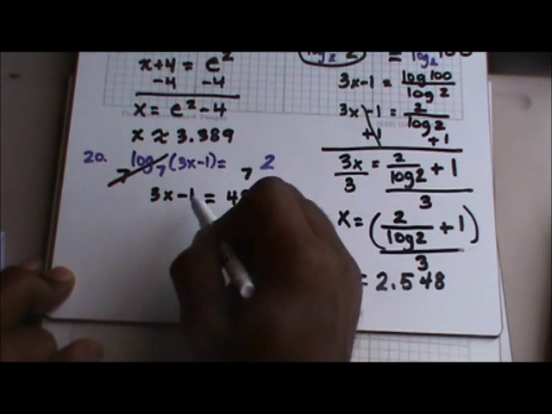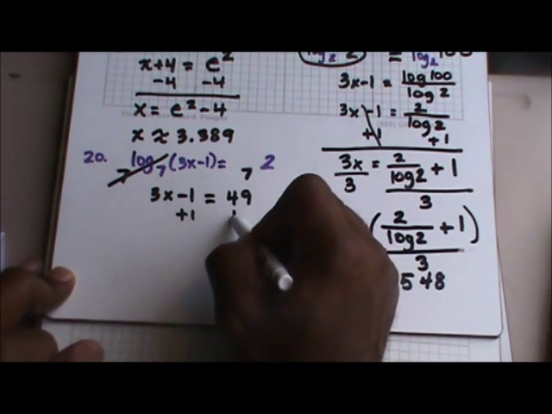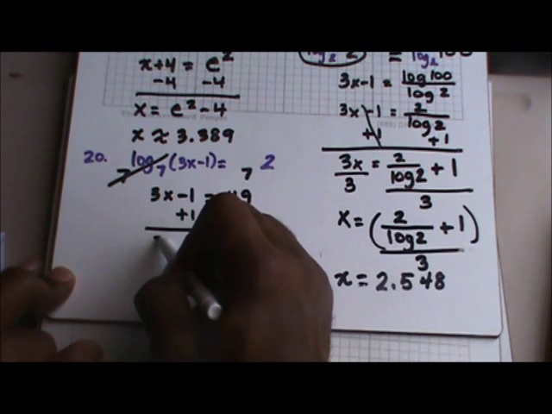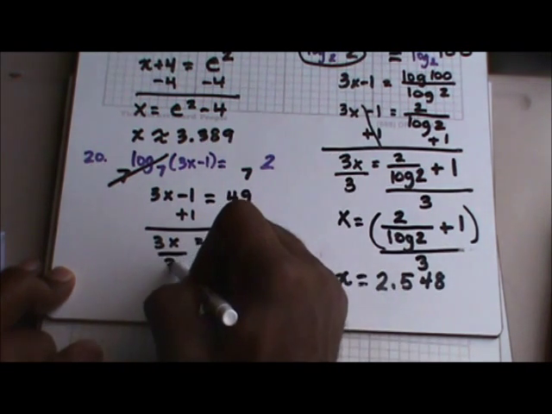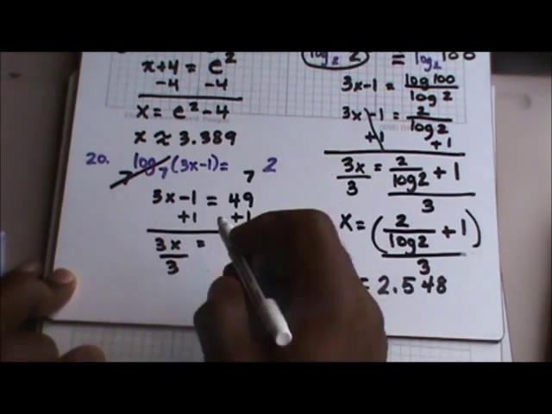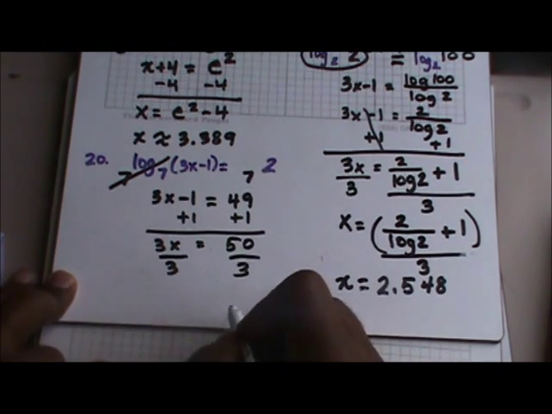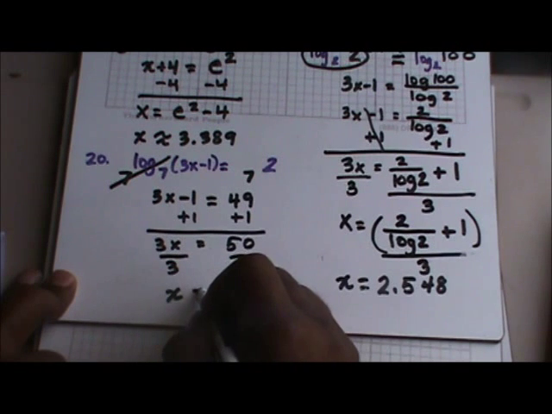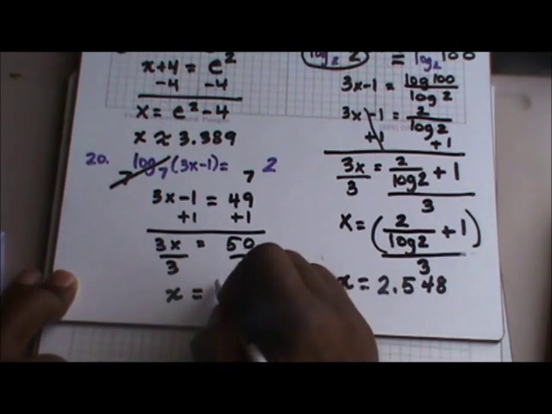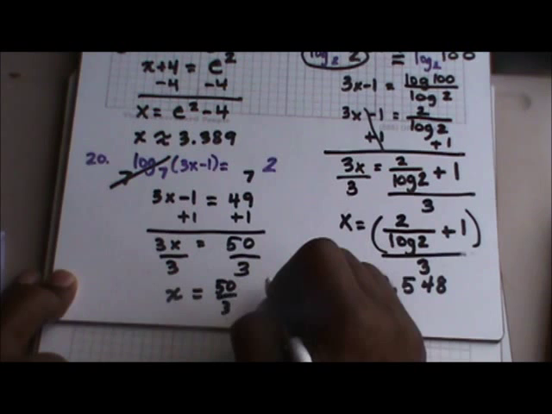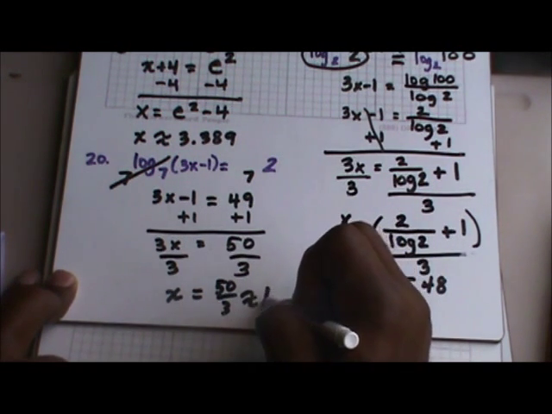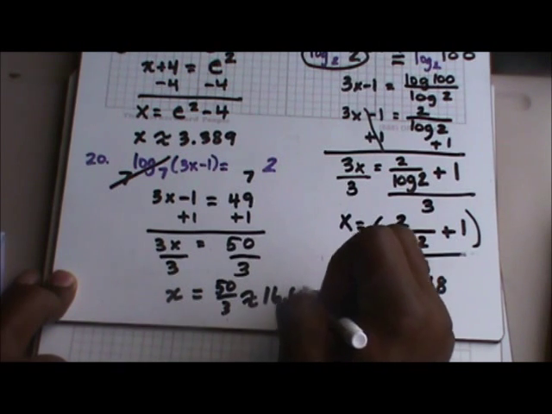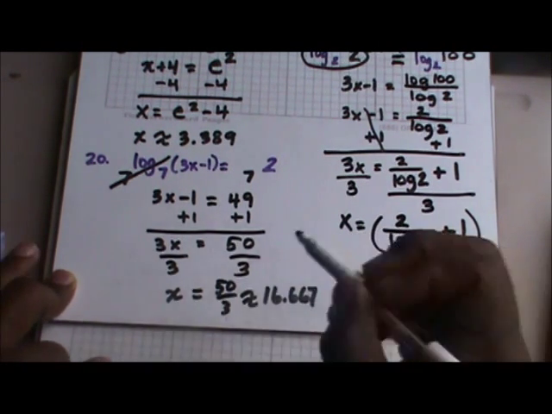Adding 1 to both sides gives us 3x is equal to 50. Divide both sides by 3, and x is equal to 50 thirds, since it says that would be the exact answer, or 16.667.